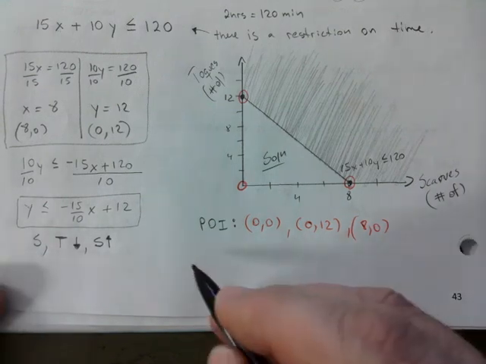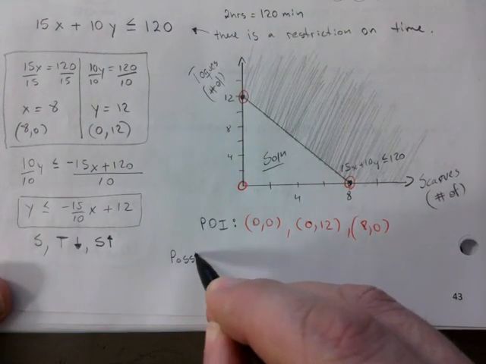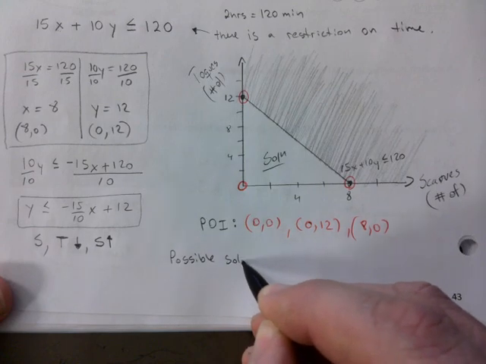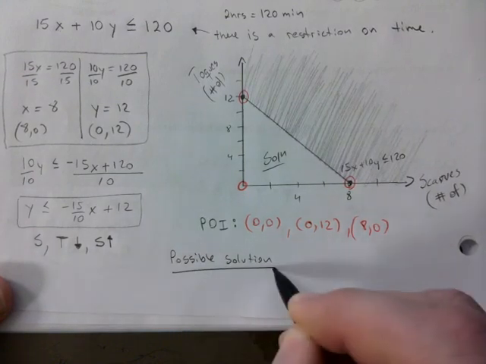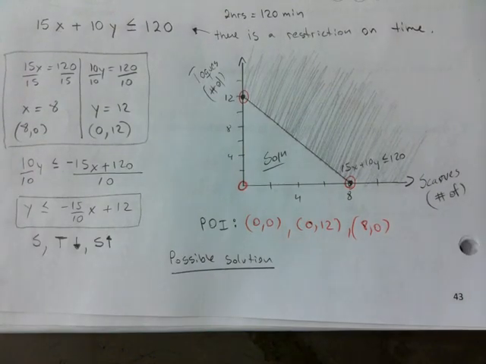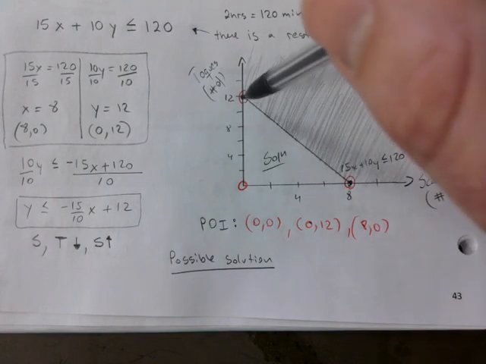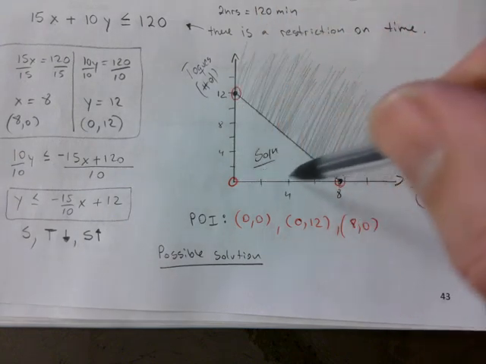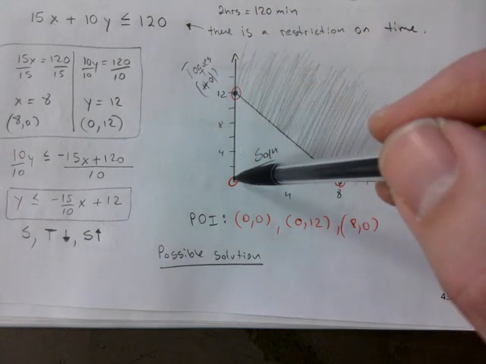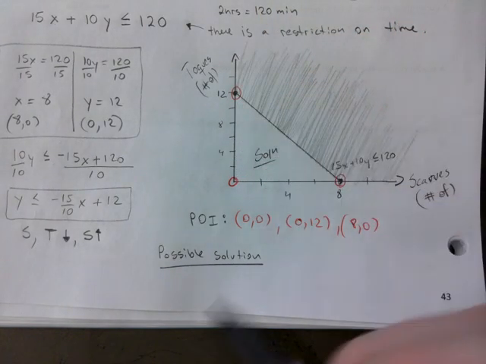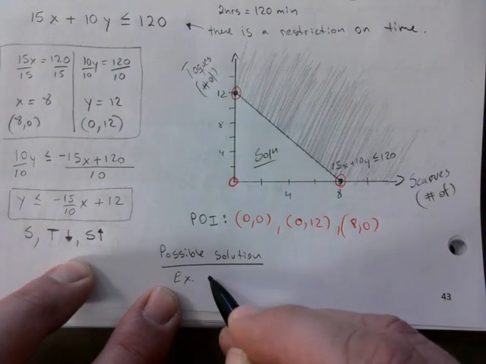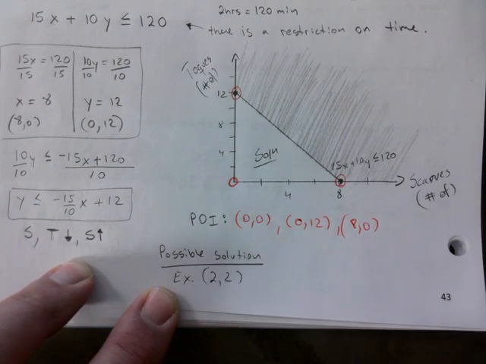And give a possible solution. You pick. The line is solid, so you could pick 8, 0, 0, 12. You can pick anything in here. So you could go 2, 2 if you want, right? Example, 2, 2.